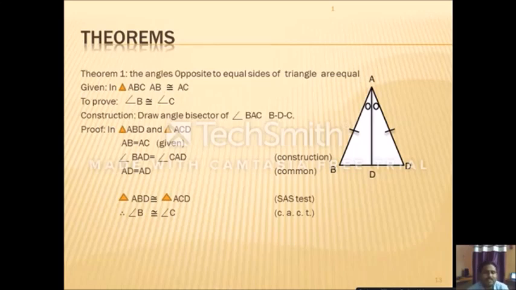We will construct a bisector of angle BAC which will intersect the side BC at a point D, so that B, D, C are collinear.